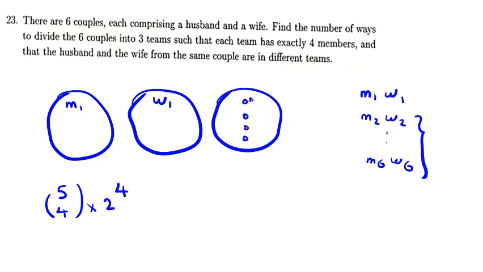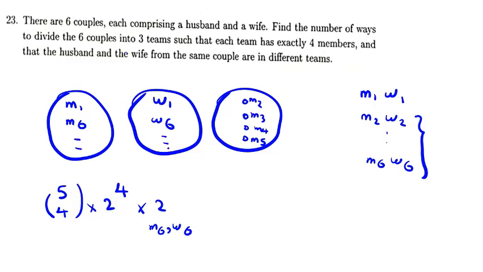So without loss of generality, suppose it's M2, M3, M4, M5. Now M6 and W6, one of them here, one of them here. So you say M6 W6 or W6 M6. For example, without loss of generality, you consider M6 here.